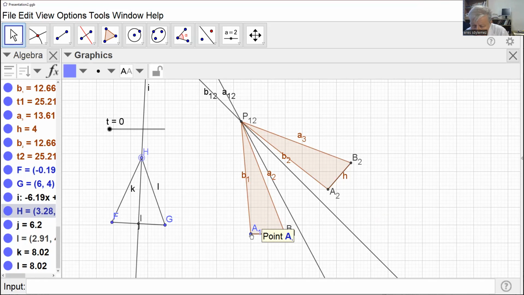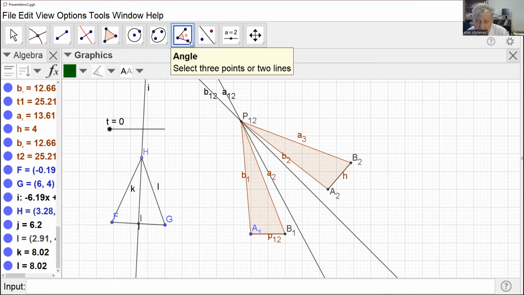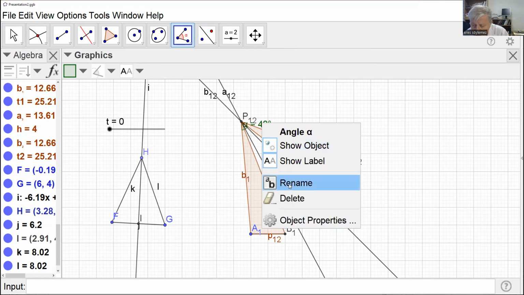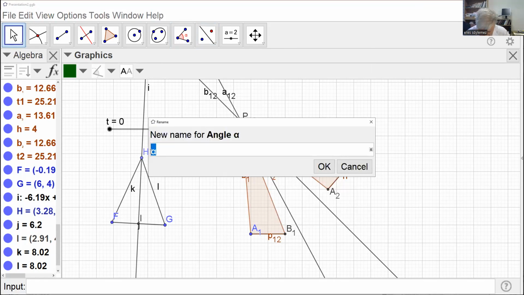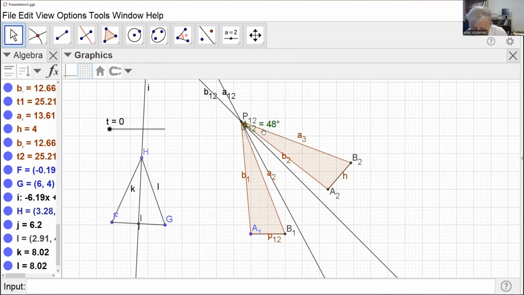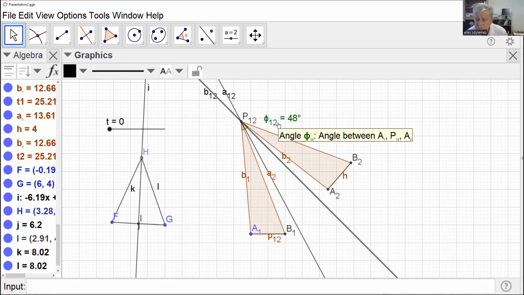Now consider the angle A1P12A2. Let me rename it phi12.